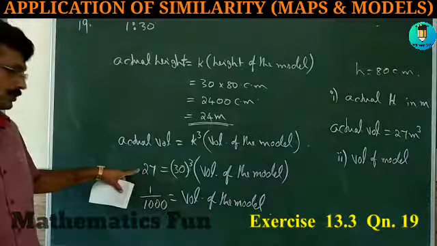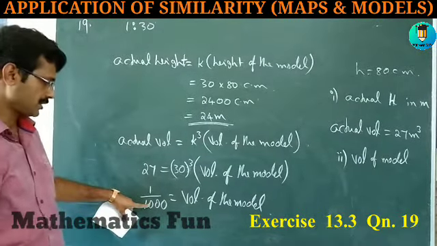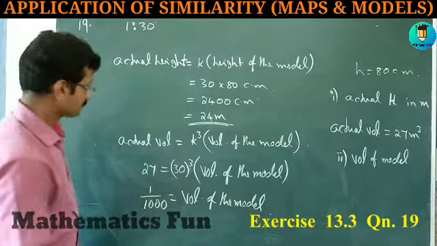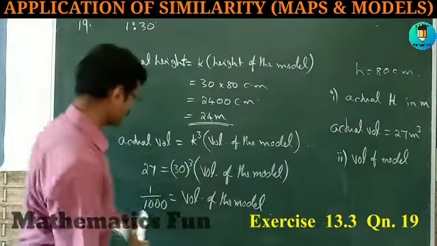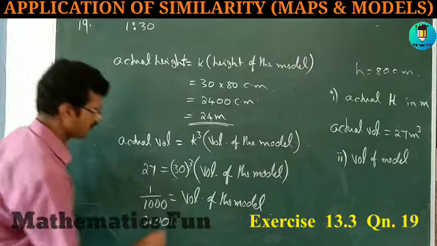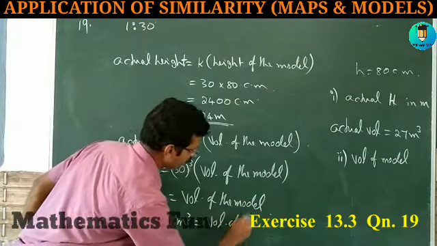Remember that this is in meter cube, so naturally this will be in meter cube. If I write it in decimal form, it is 0.001 meter cube. This is the volume of the model.